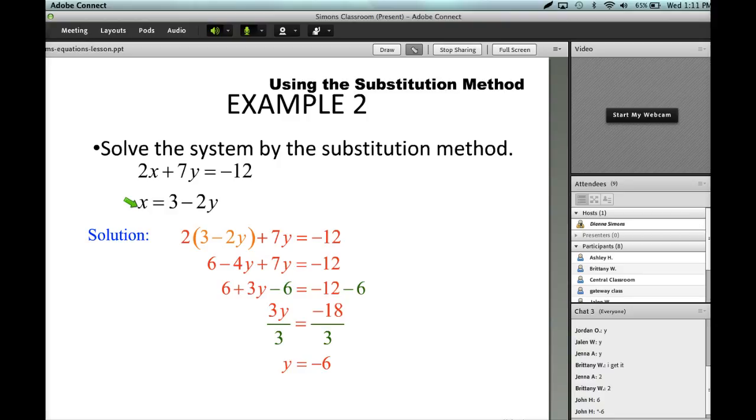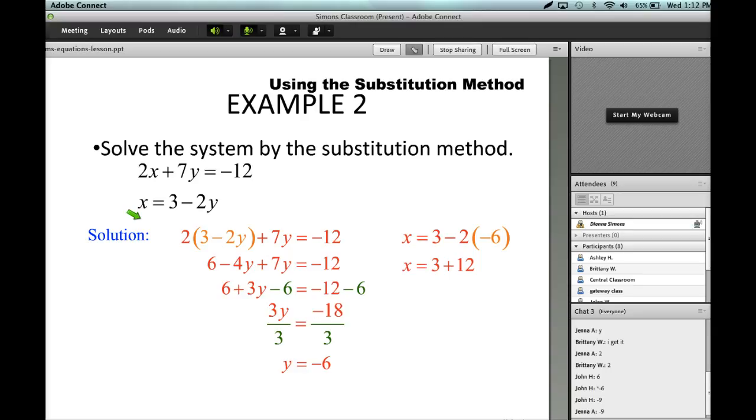What'd you say? I'm sorry. If I put negative 6 in here, what do I get for my x value? Did you get something? 15. Okay, so 3 plus 12, right?